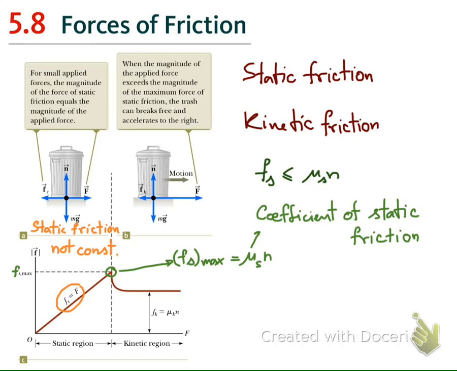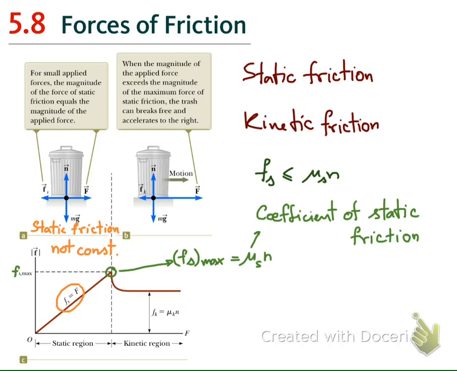Now, when the applied force exceeds the maximum value of the static friction, the friction cannot increase beyond this value, and the object will start to move. We found in the experiment that the friction between the object and the surface will drop a little bit, and after that it becomes a constant.